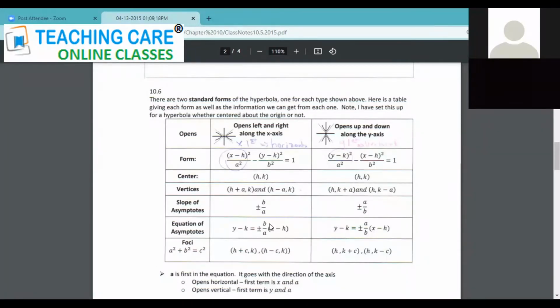They will give you the x and y values and your b and a values, so from that you can frame the equation.